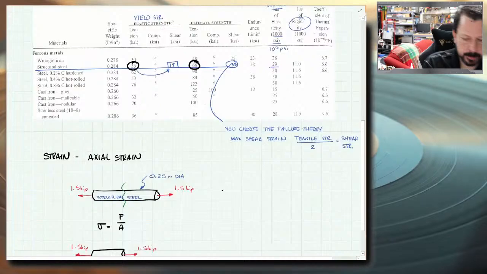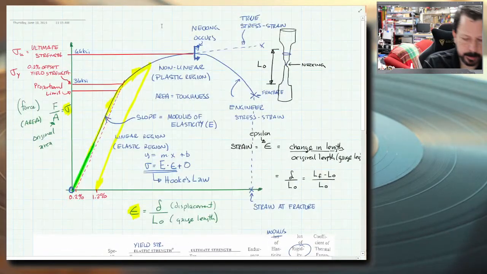All right. How do I get strain from this? So technically, I'm going to have a little bit of an issue getting strain from here because I'm going to use this equation. I'm going to use Hooke's law. Except that Hooke's law is a linear equation which really only works up to that point.